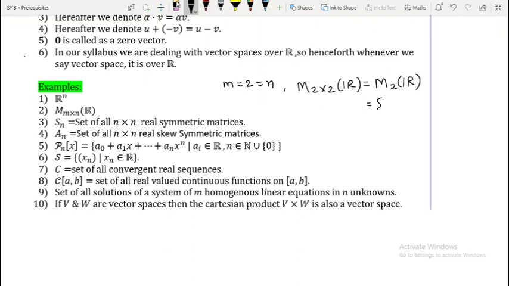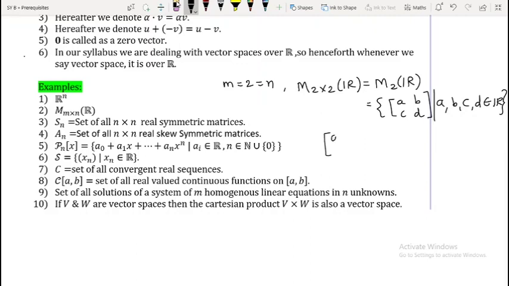So if you have seen my last lecture on the definition of vector space, you might remember this set, right? Yes. So again on this set we need addition of matrices and scalar multiplication.